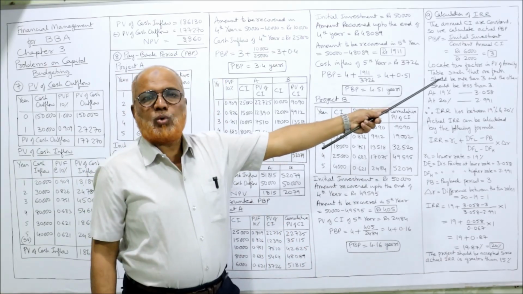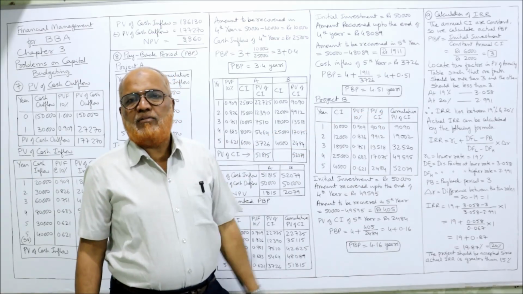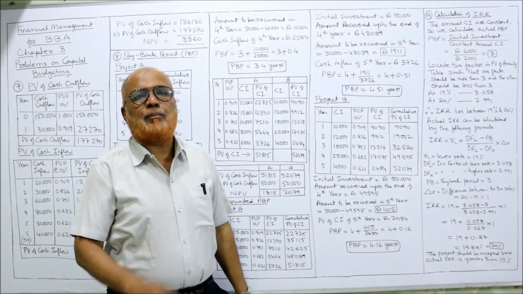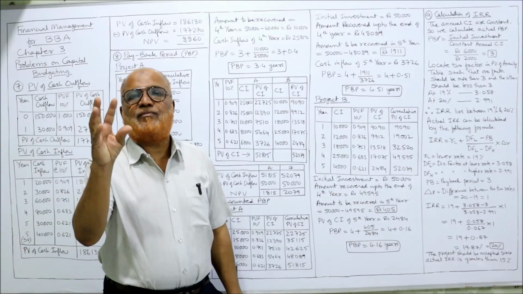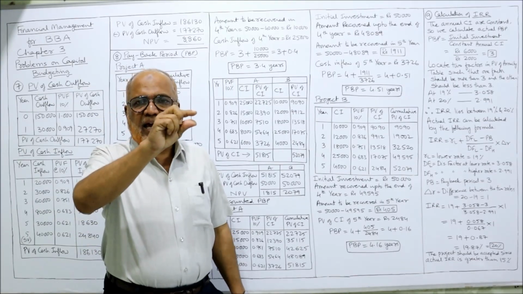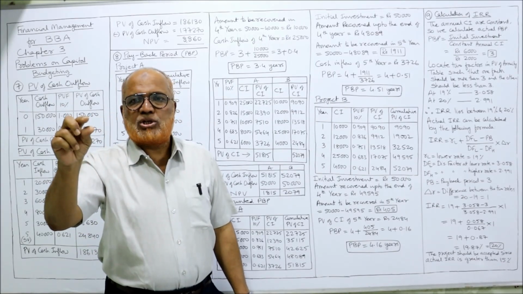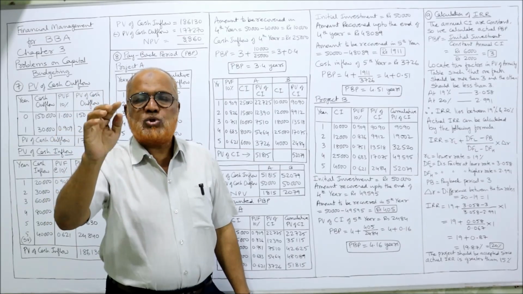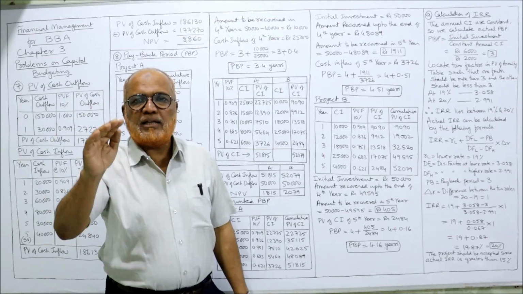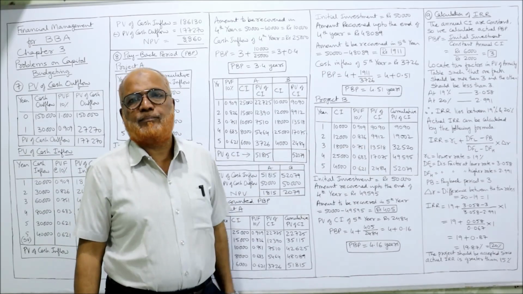Now locate two discount factors in the PV of annuity table against the life of the project. What is the life of the project? 5 years. In the line 5, you search two values. One value should be lower than 3 and the other value should be greater than 3.